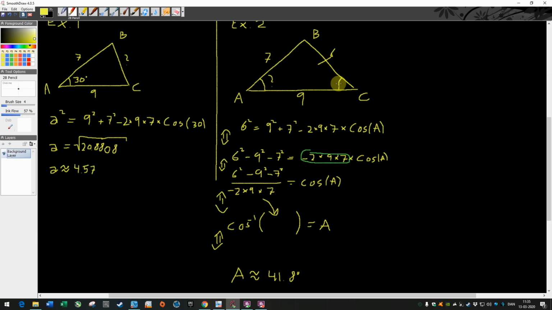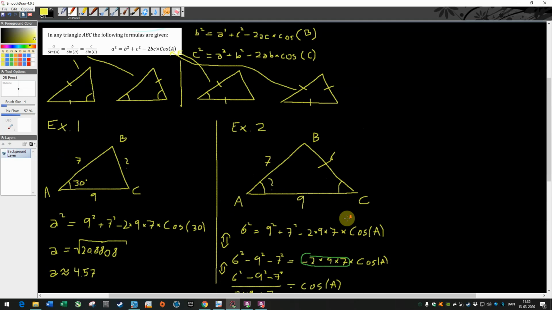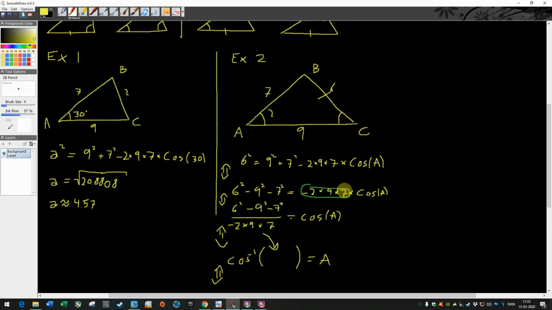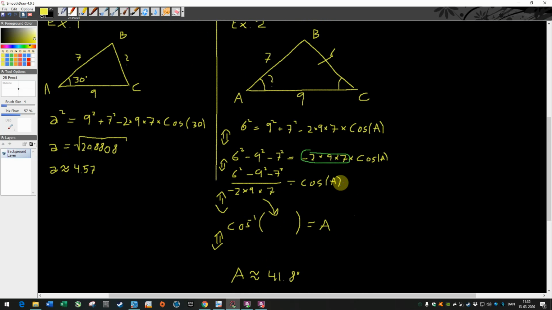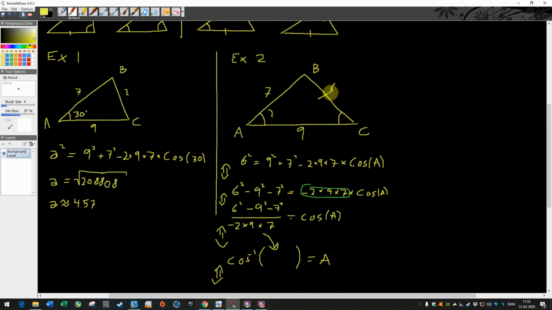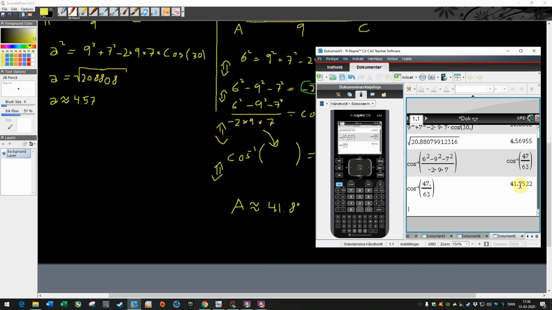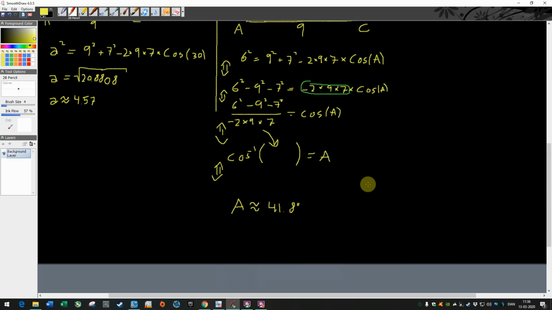And then you can use the law of sine, or you could use the law of cosine again, just the one we have written here if you want to calculate C. Just remember that if you need this result in another calculation, like if you wanted to calculate C and you needed this one, you have to use all the decimals over here. Otherwise you'll get a big error.